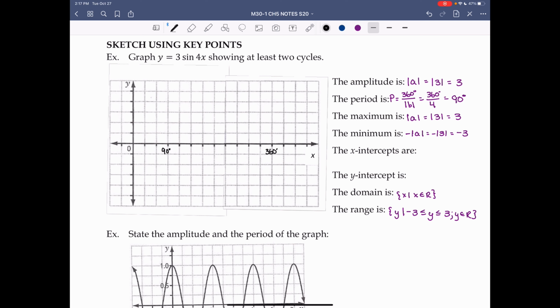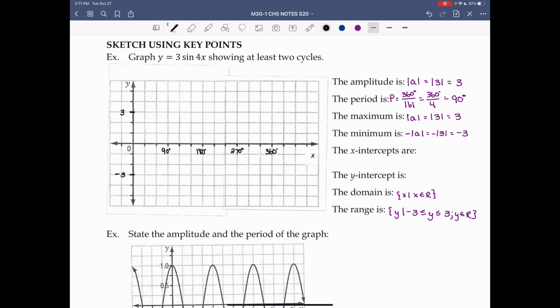Another 30, 60, 90 would take us to 180 degrees. Another 30, 60, 90 would take us to 270 degrees. And then 30, 60, 90 gets us to 360. Then our amplitude is 3, so we need to go up to 3 and down to negative 3. 1, 2, 3, and 1, 2, negative 3.